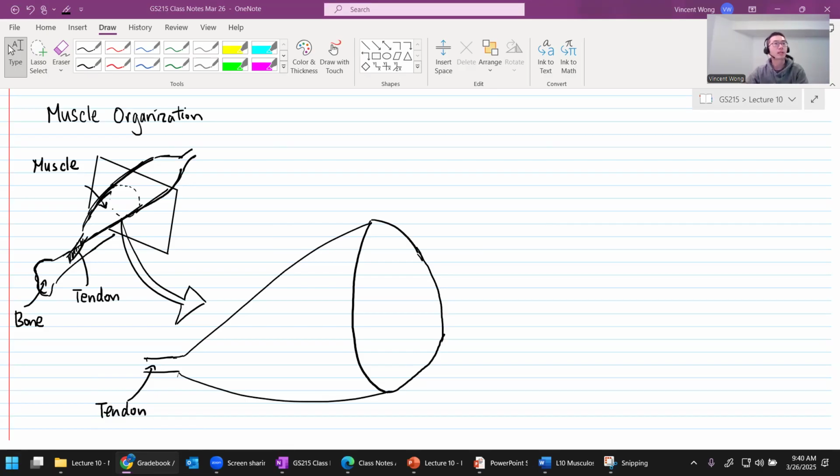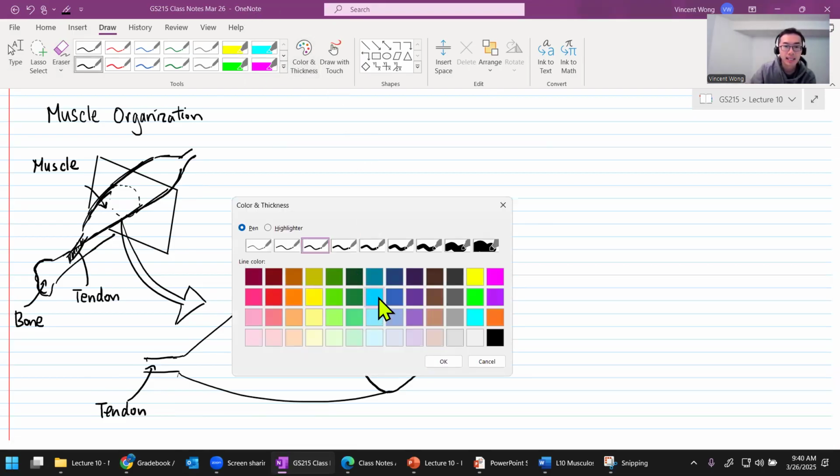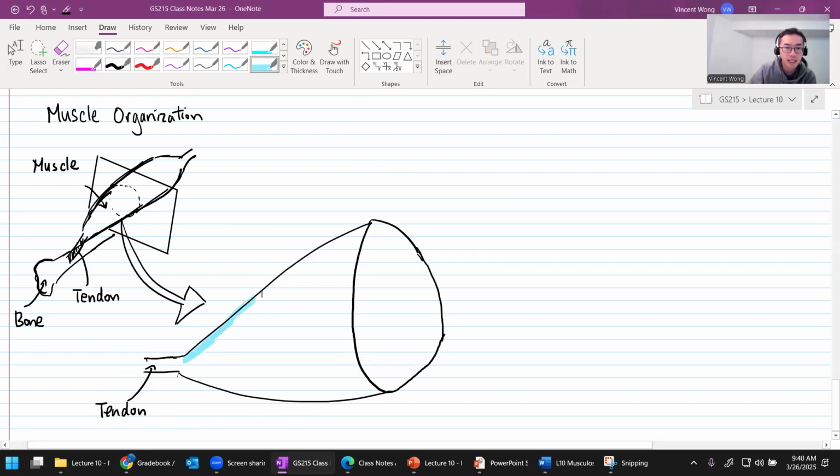Anyways, no good pictures at the moment. So this here is the tendon that connects to the bone. And this whole muscle surface is actually covered by a thin layer of connective tissue.